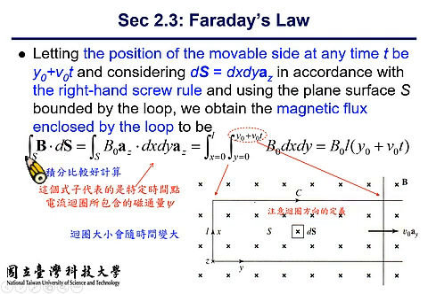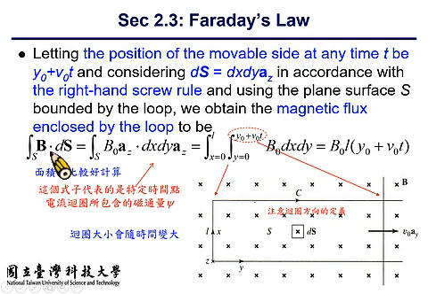First, let's calculate the amount of magnetic flux enclosed in this loop. It's a surface integration of the magnetic flux density B. This equation finds the amount of magnetic flux enclosed by this loop at a given time.